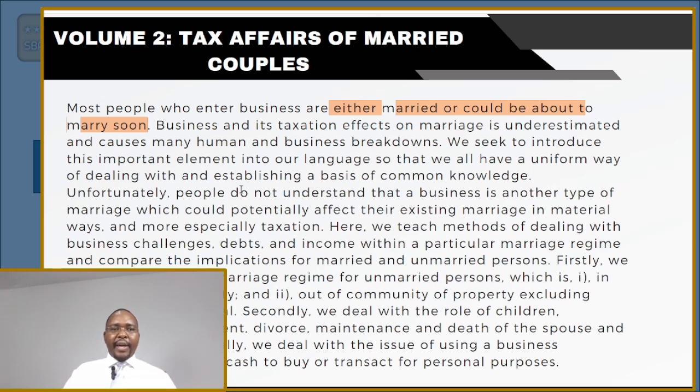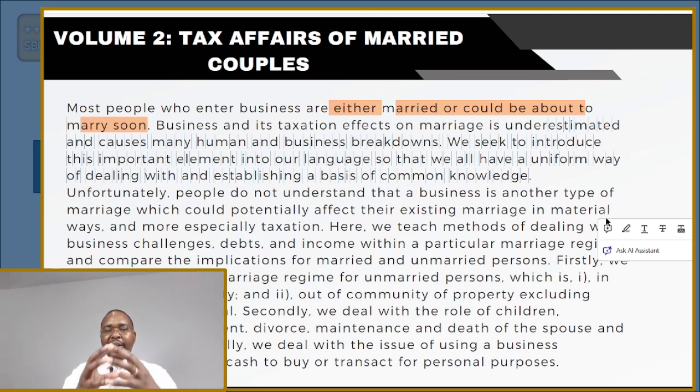And of course, what we do here is to start by talking more about the existing marriage regimes, to say, well, let us understand the role of business first, according to their tax consequences. And once we understand the consequences, let us now understand the role of the marriage regime itself to these tax consequences and to the business itself.